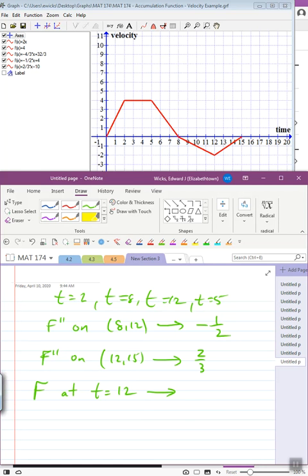What happens when the second derivative of a function changes signs? Okay, there's an inflection point for sure. If your second derivative goes from negative to positive, and the place that it happened was at 12, that means you have an inflection point at t equals 12.